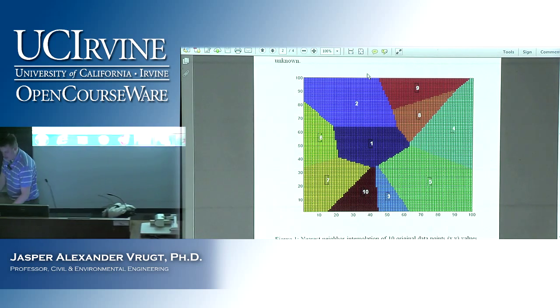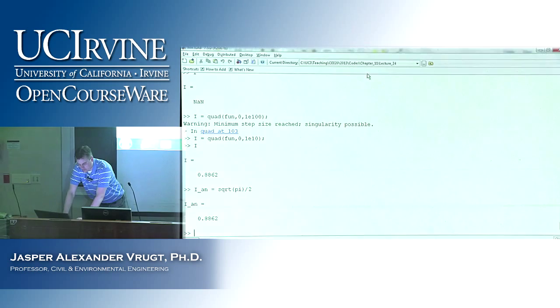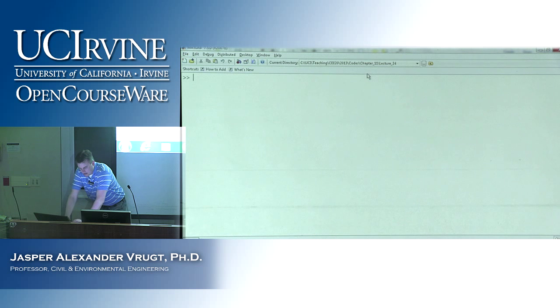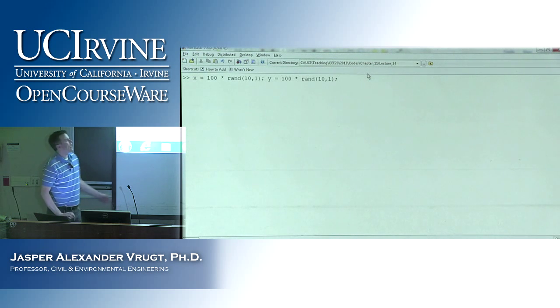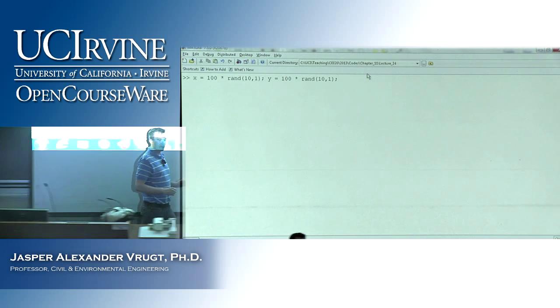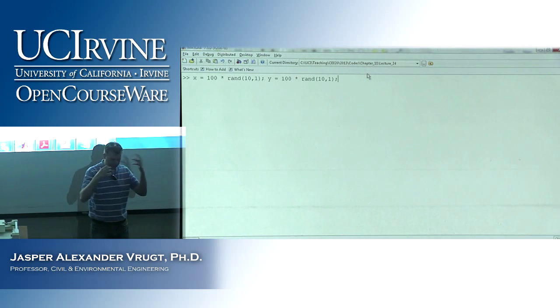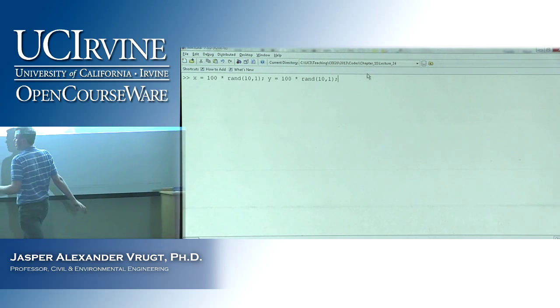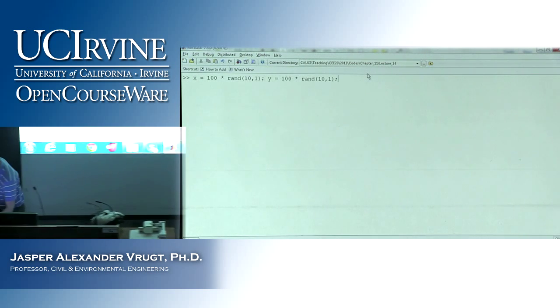Now, let me show you how that works in practice so that you're not confused. So let's clear everything, okay? I'll just show you how to make a map like this, so maybe you get some ideas. The first thing I do, I know that my map was 100 by 100 cells.